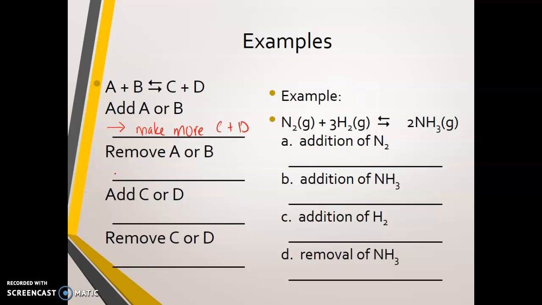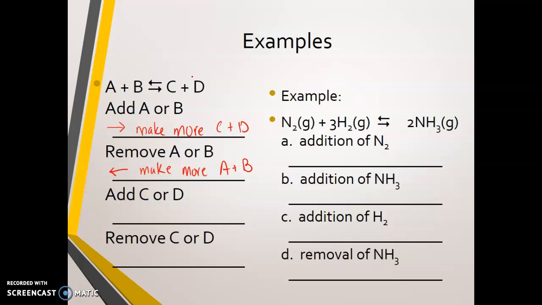Now, if we remove some of our reactants, we're decreasing the concentration, so that's going to drive the reaction back to the left so that we can make more A or B in order to replace that.